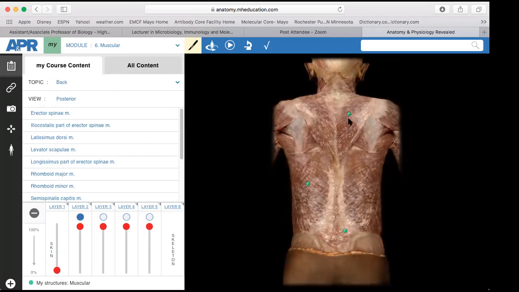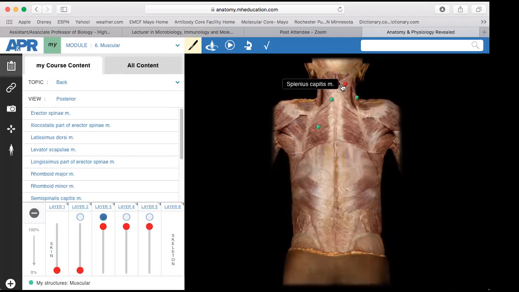So the trapezius muscle, you can see that it's sort of a trapezoid shape, and so it's called the trapezius muscle. Latissimus dorsi, we saw that from the anterior side earlier on. Then you have your thoracolumbar fascia, basically a muscle bundle there.